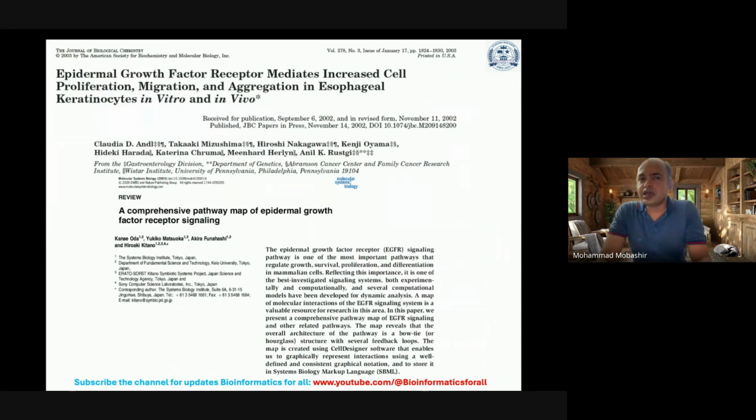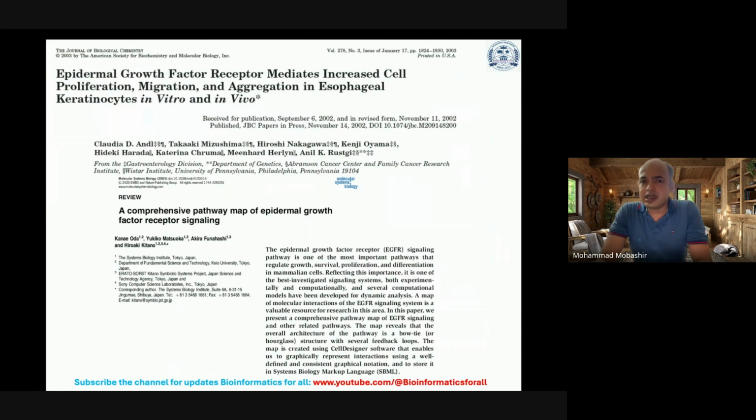So here EGFR, epidermal growth factor receptor, mediates increased cell proliferation, migration, and aggregation in esophageal keratinocytes in in vitro and in vivo studies. Then there is another paper, a review paper, a comprehensive pathway map of EGFR signaling.